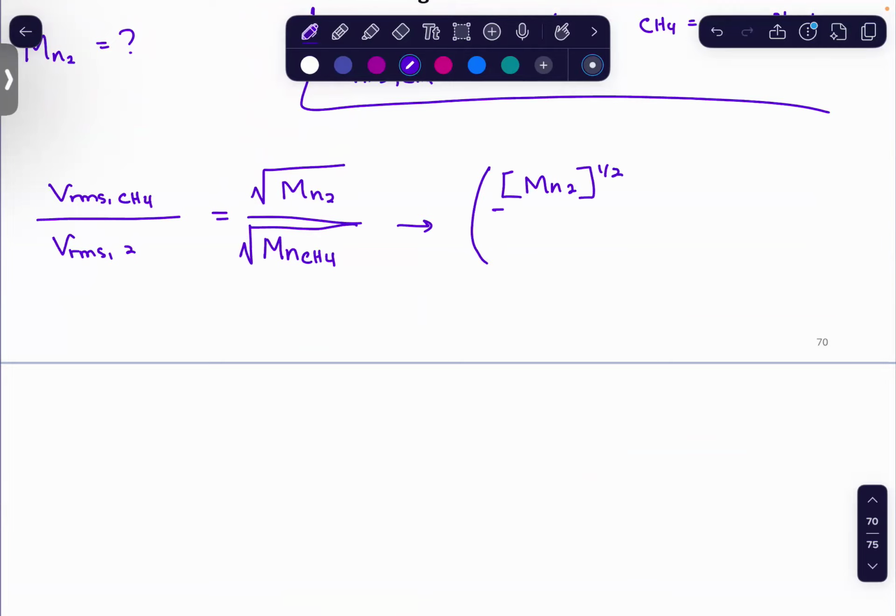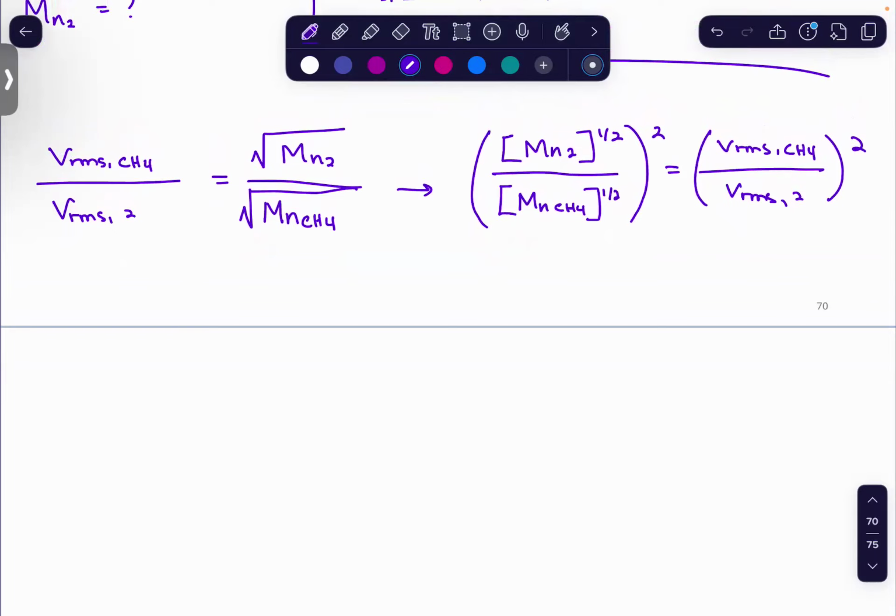One half, same thing as square root. I'll square that side.